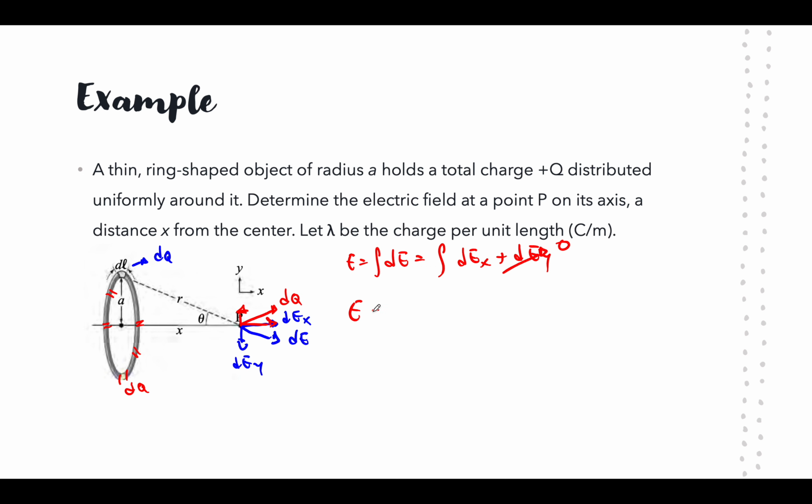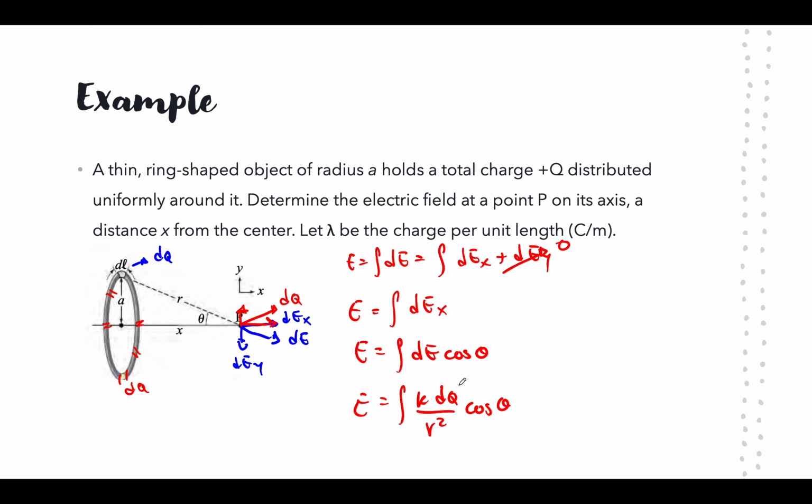So that means that the electric field is going to be equal to the integral of dx. And the electric field differential is equal to K dq over r squared cosine theta.